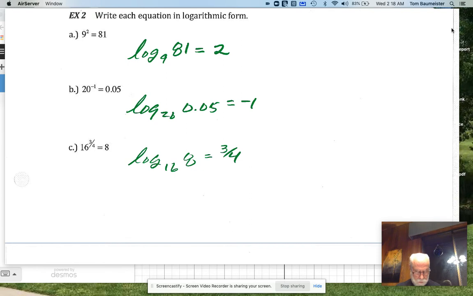And again, you can always just look, this base raised to this power equals this, right? So this base raised to this power equals this, which is what we started with, all right? So pretty straightforward on these. That's why I like these ones. They're fun, okay?